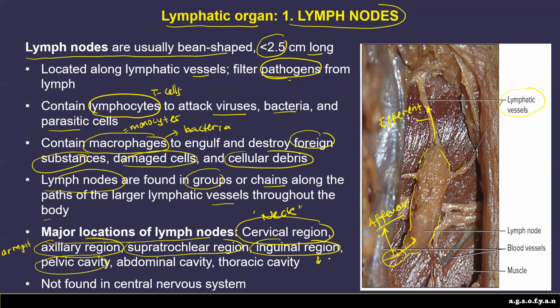The inguinal region is on our legs, the groin area. Then there are the abdominal cavity and thoracic cavity. Lymph nodes are not found in the central nervous system, so there is no lymph node in the central nervous system.